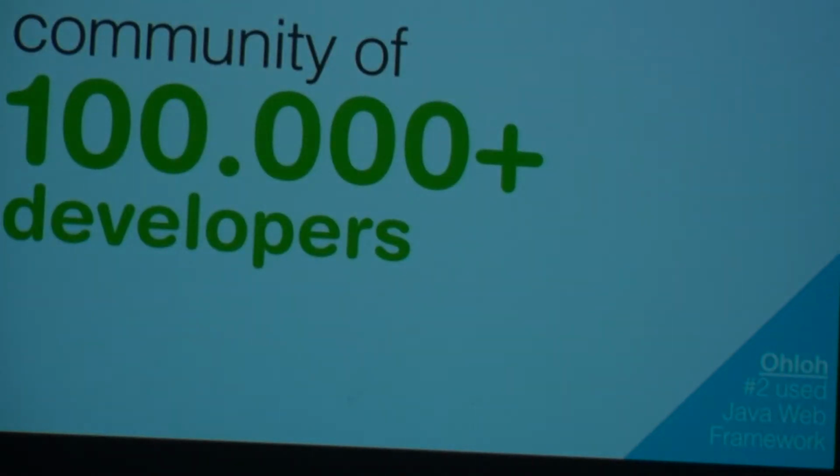We guess there are around 100,000 users at the moment all around the world. We are seeing around 150,000 unique visitors each month in the developer portal, and Ohloh ranks us, by user bases and code bases, as the second most used Java web framework after Spring MVC. I don't know what the reality is, it depends on how good the statistics are.